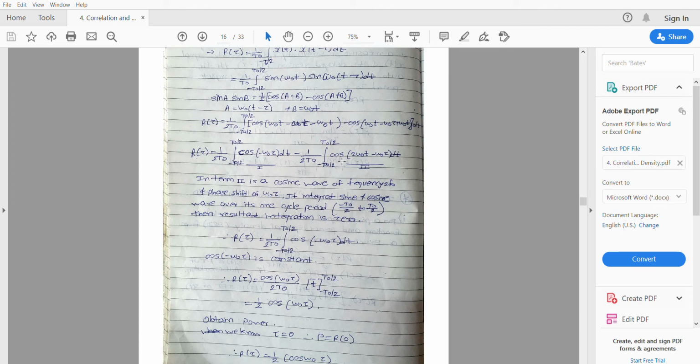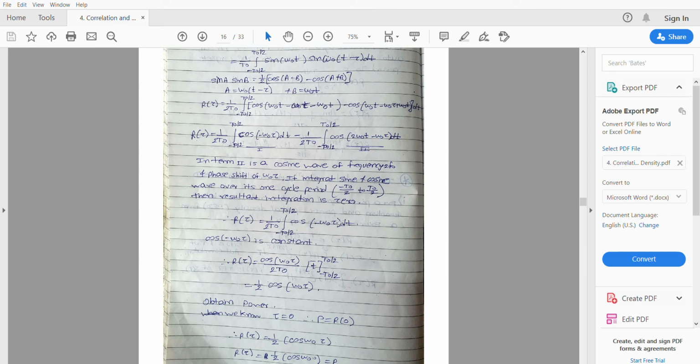So what remains here? The cos of omega 0 tau term is a constant with respect to the integration, which is dt. I'll repeat: R of tau is equal to 1 upon 2 T0 integral from minus T0 by 2 to T0 by 2 of cos of omega 0 tau dt, as this integration is with respect to dt and this cos term is with respect to tau, so it is treated as a constant, correct?